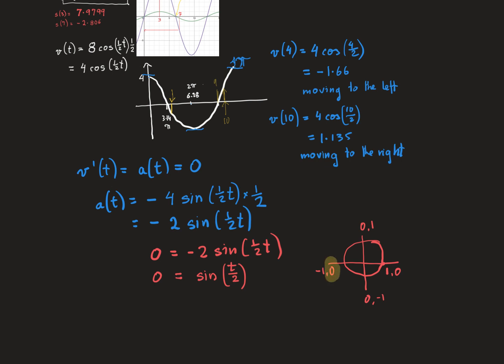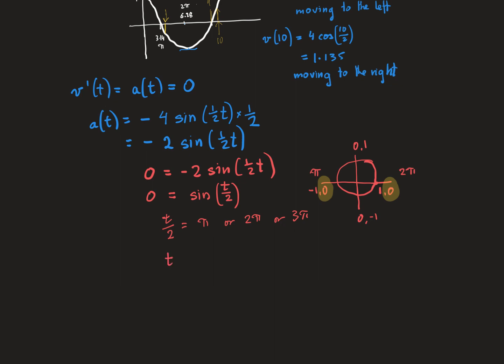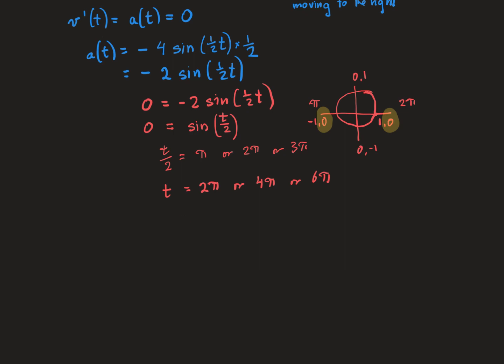So sine is only 0 here and here, which says that it is 0 when it is pi, 2 pi, which means that t over 2 must be either pi or 2 pi or 3 pi, which really means that t must be 2 pi or 4 pi or 6 pi, which really means that t must be 2k pi, where k is any integer.